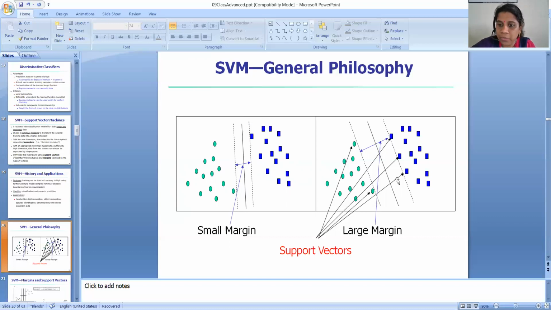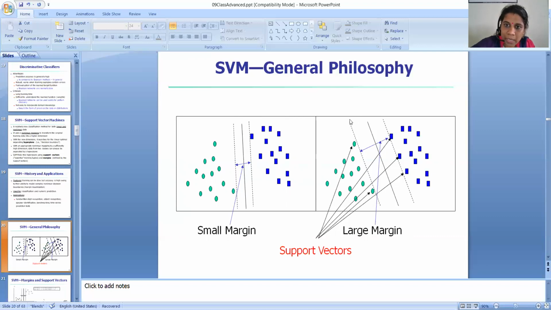Now take the other figure. Instead of drawing the hyperplane this way, I am tilting it a little and drawing another hyperplane that separates these two classes.